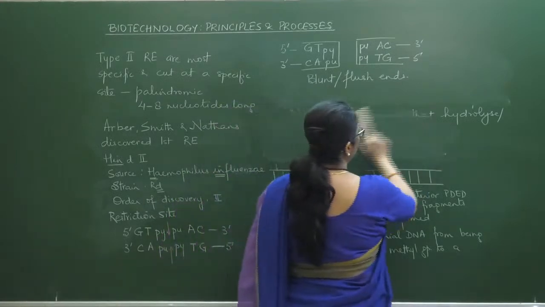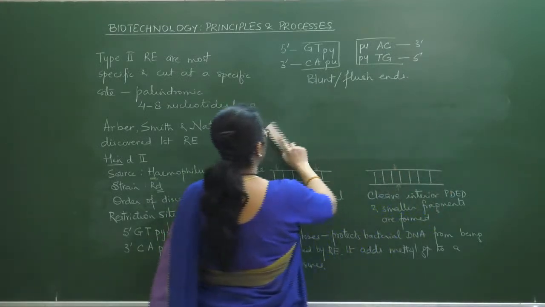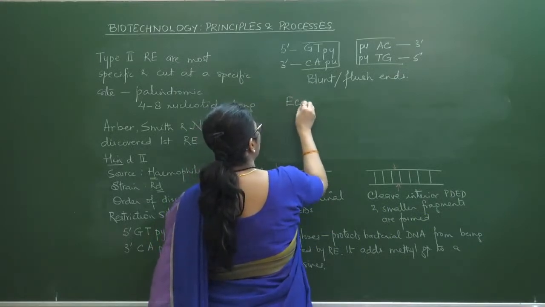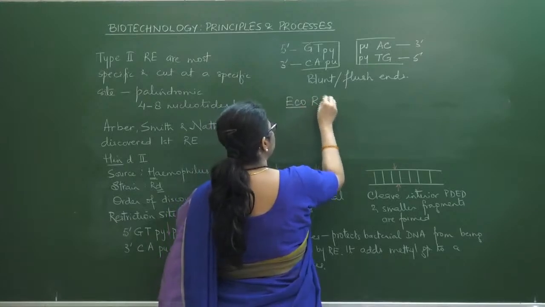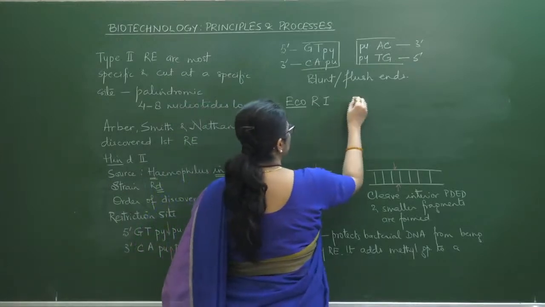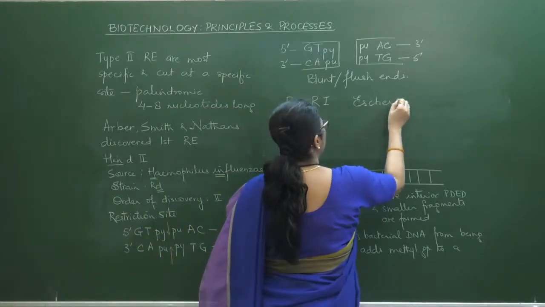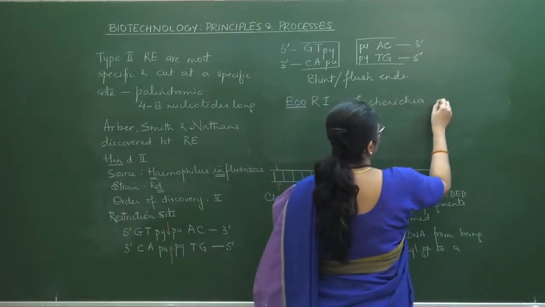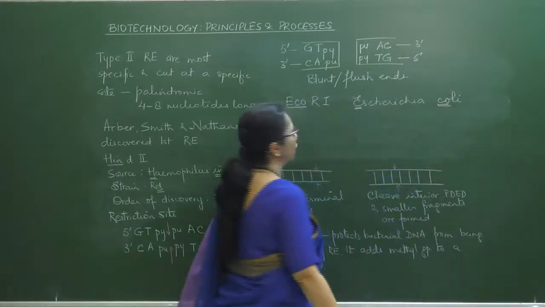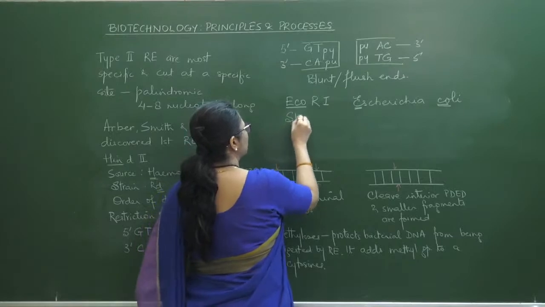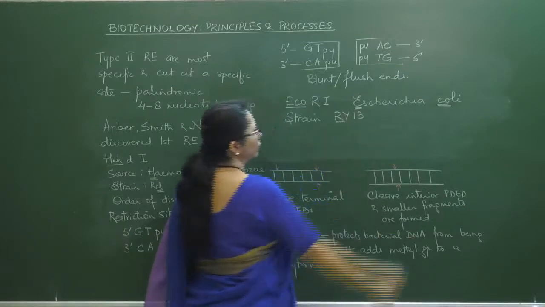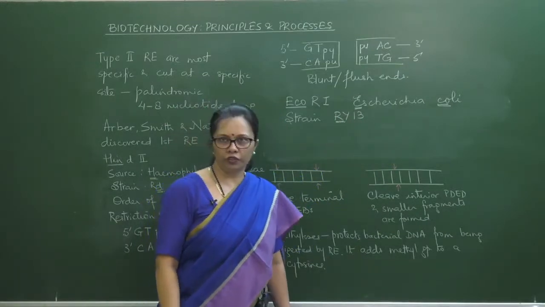Then coming to another example where we can see sticky ends being produced. Another example of restriction endonuclease that we can take is EcoRI. Once again you see the source is Escherichia coli, so taking E from here, Co from here. The strain is RY13, so R from here, and first is of course the order of discovery.